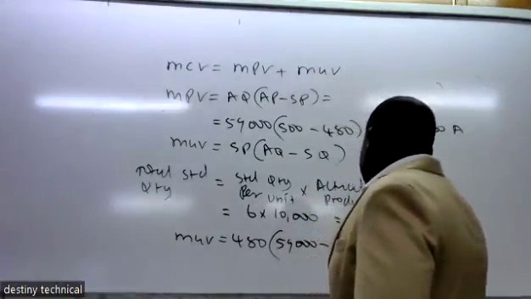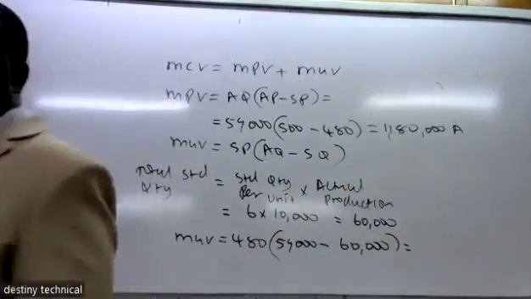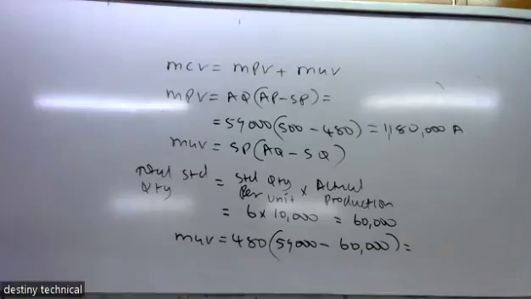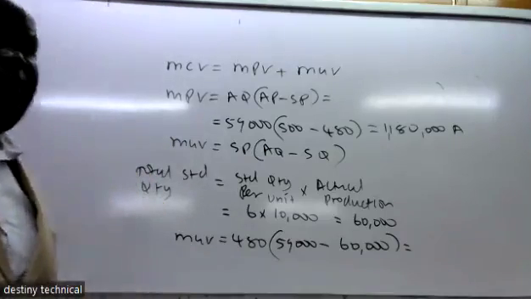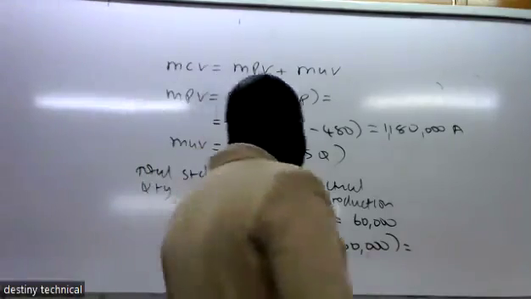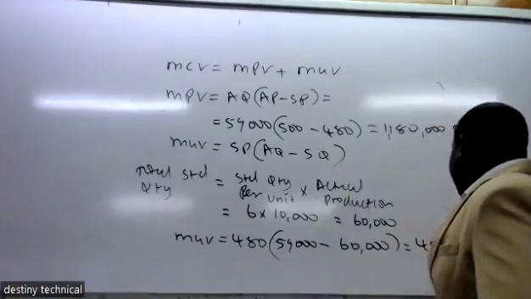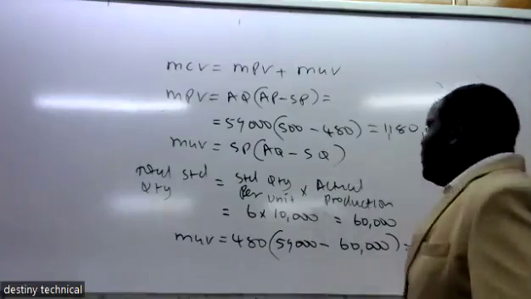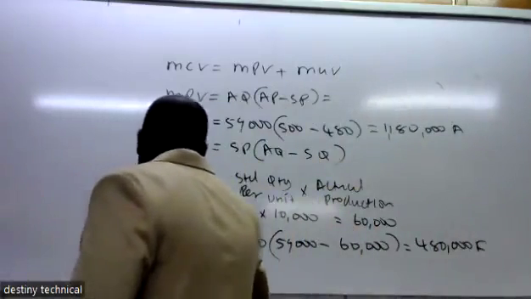So this variance is favorable. That variance is meant to be favorable. It's 480,000, which is favorable. Now from there, get the material cost variance.